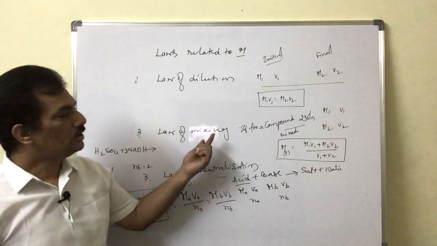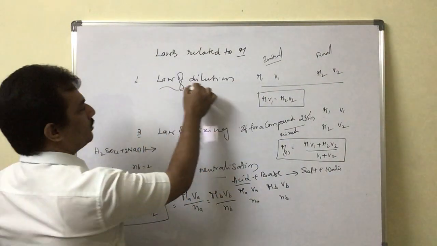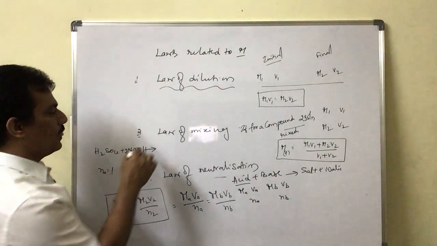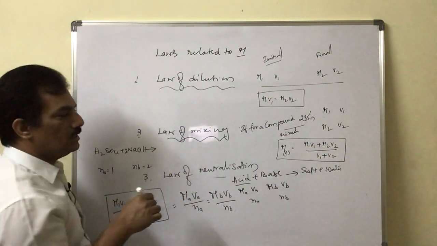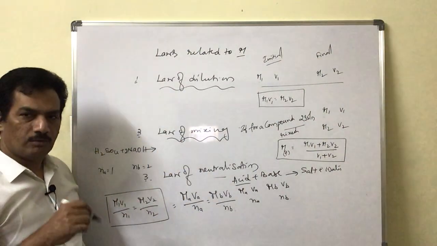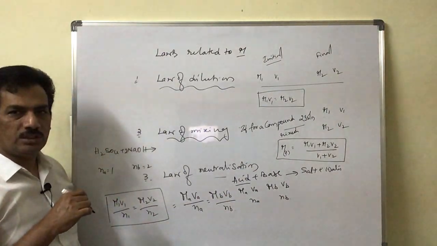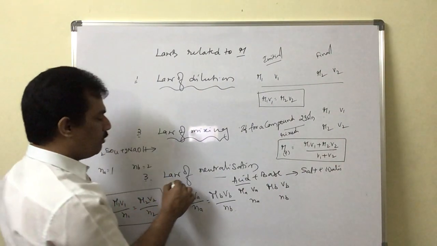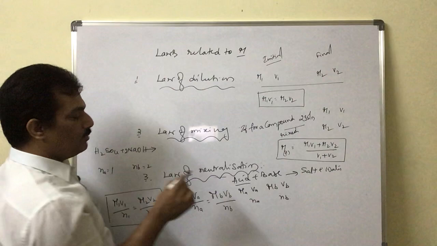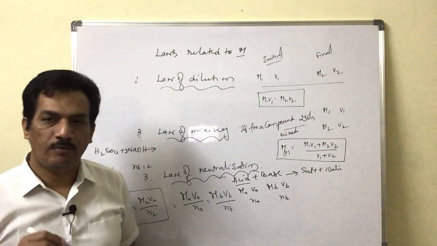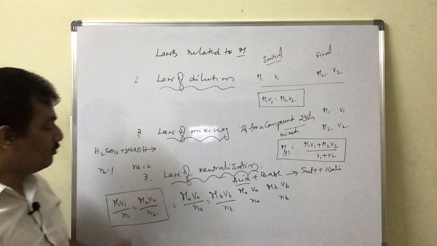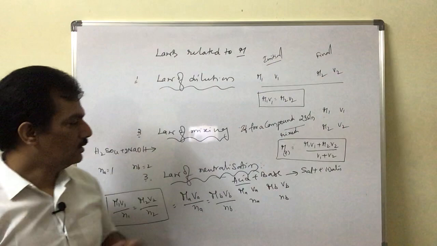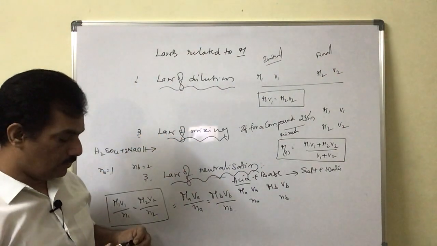Till then, remember there are three laws: law of dilution, M1 V1 is equal to M2 V2; law of mixing, on mixing the final molarity of the solution is M1 V1 plus M2 V2 by V1 plus V2; and law of neutralization, Ma Va by Na is equal to Mb Vb by Nb, or M1 V1 by N1 is equal to M2 V2 by N2. Clear? That is about the laws related to molarity.